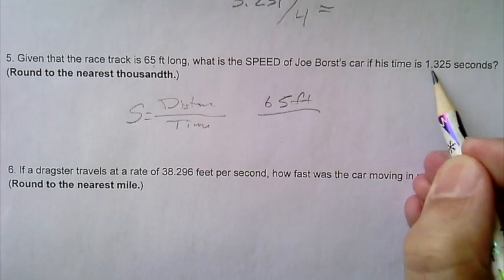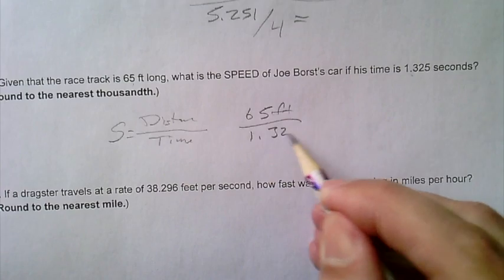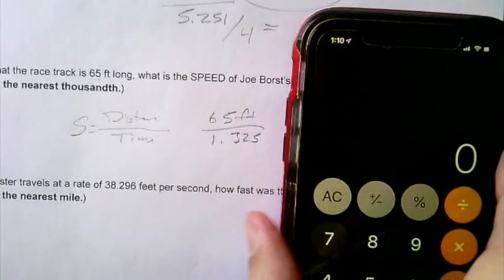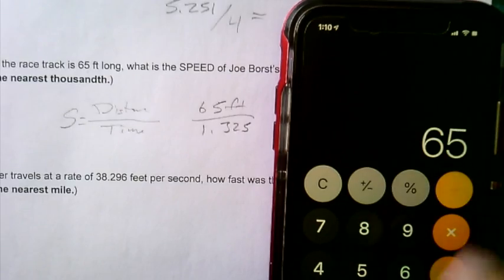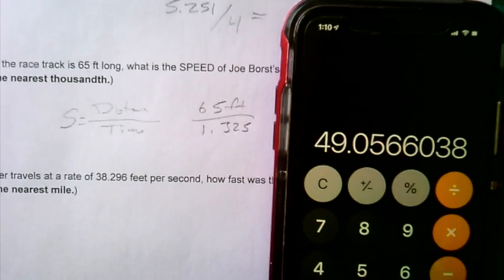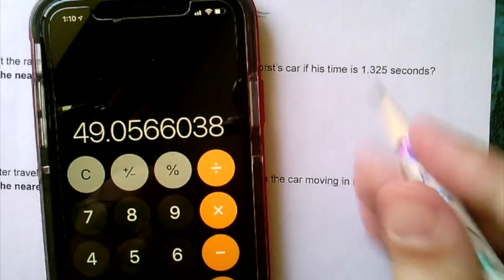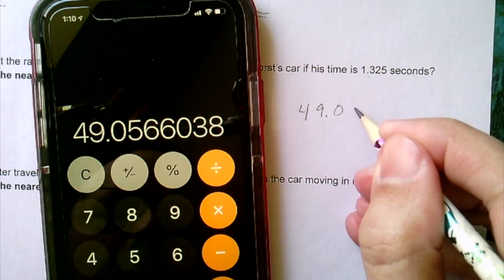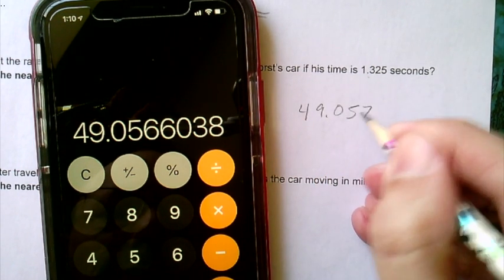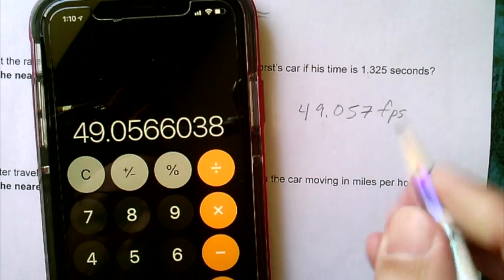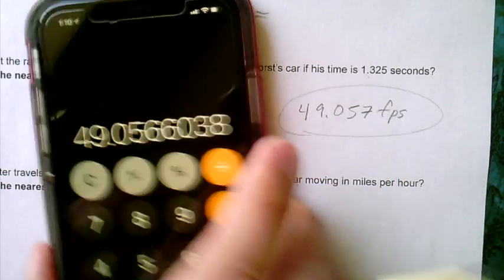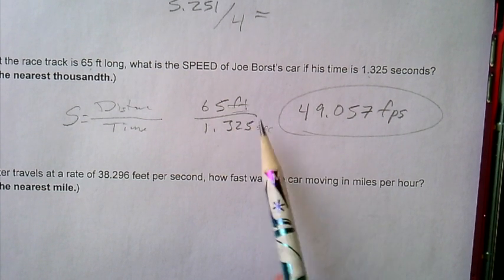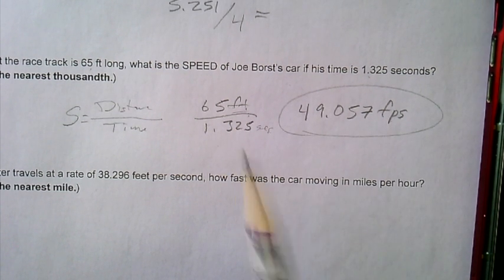The time is 1.325. 65 divided by 1.325 equals 49.057 feet per second. It is not miles per hour because we have feet and seconds here, so it's feet per second. Whenever you see per, that means we divide to get that answer.